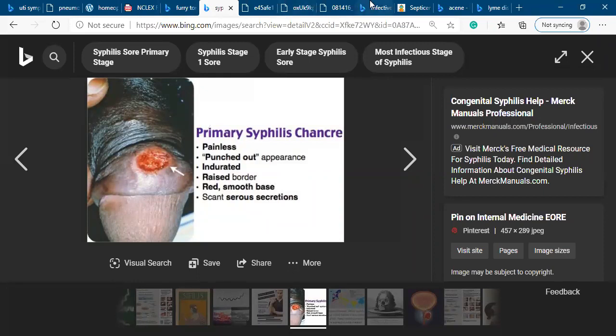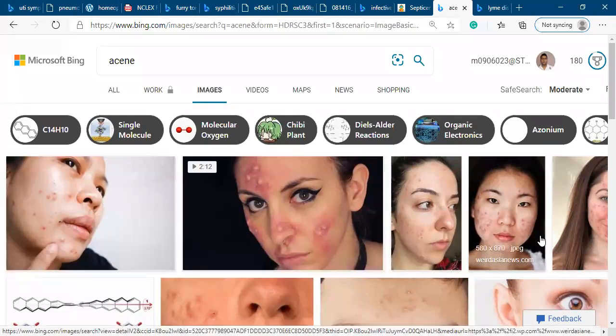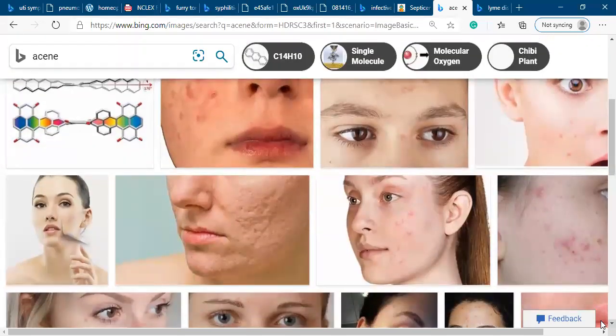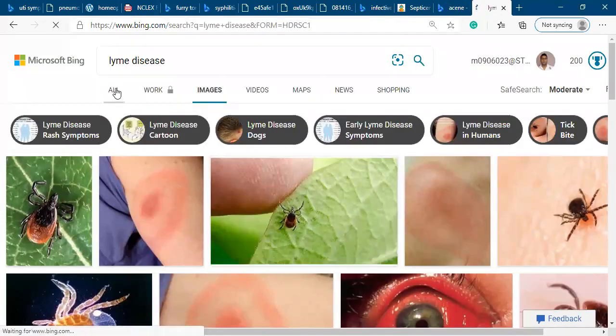We can also use tetracycline for bacterial infections or for acne. Acne treatment is also possible with tetracycline. Or Lyme disease. What is Lyme disease?